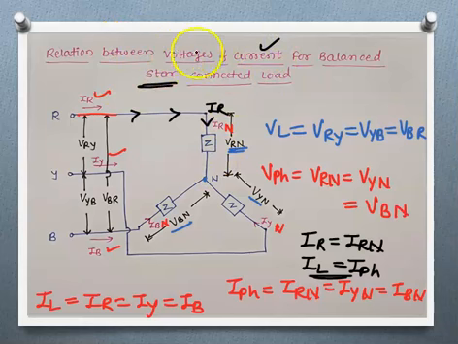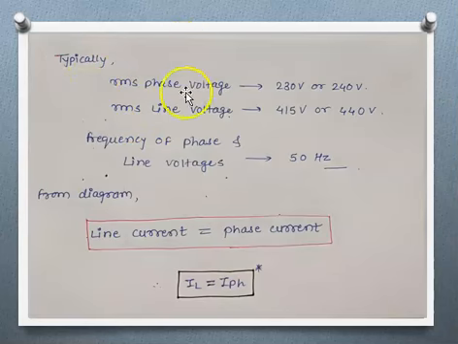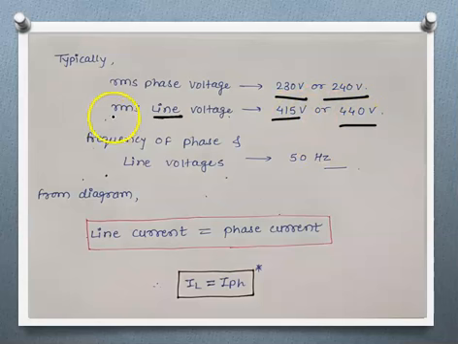Now we are going to discuss what is the relation between phase voltage and line voltage. Typically, the RMS phase voltage value is 230 volt or 240 volt, and RMS line voltage is either 415 or 440 volt. Okay, if 415 or 440 is mentioned, then it is a line voltage. If it is 230 volt, then it is phase voltage.